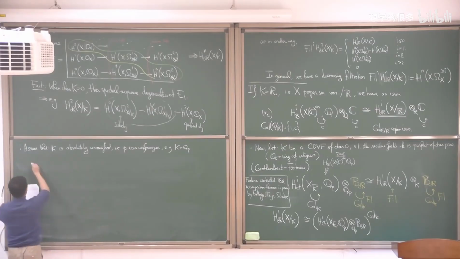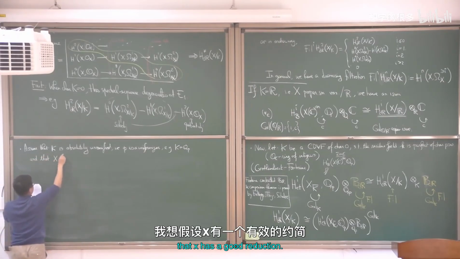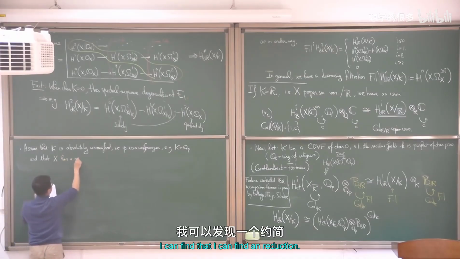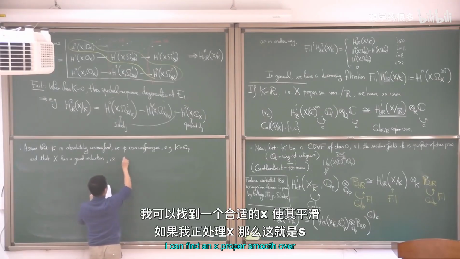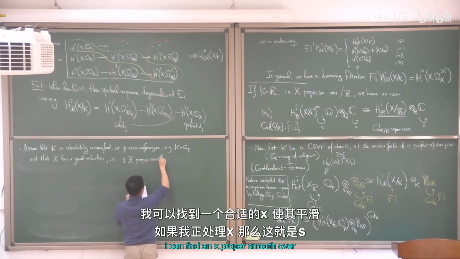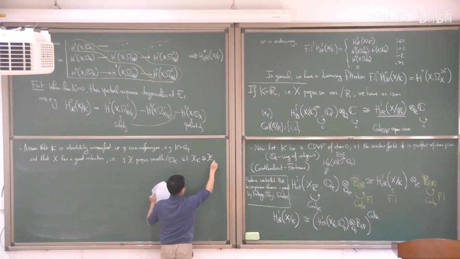And I'm going to assume that X has good reduction. I can find an X proper smooth over O_K such that X_K is isomorphic to X.